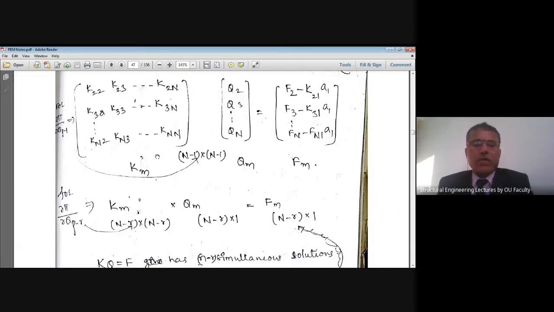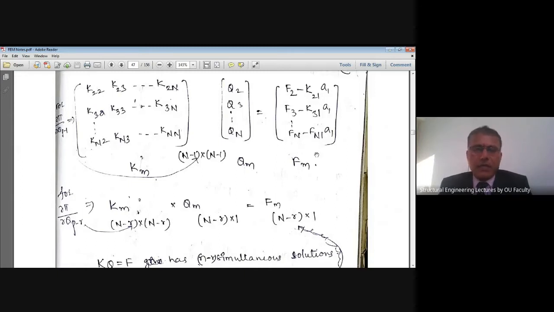Once I get this, I'll call this my modified stiffness matrix. Actually, my original structural stiffness matrix K was an n by n matrix. Now this is n minus 1 by n minus 1, the size has reduced by 1 because A1 is eliminated from that. This is called the modified stiffness matrix, operated upon Q_M. Even its size is not n by 1, students, it is n minus 1 by 1.